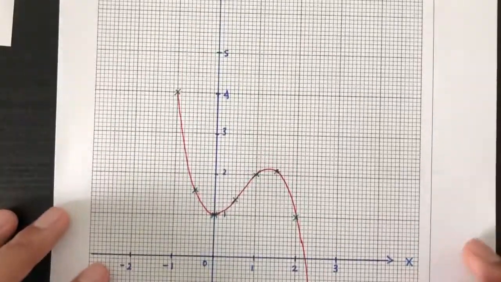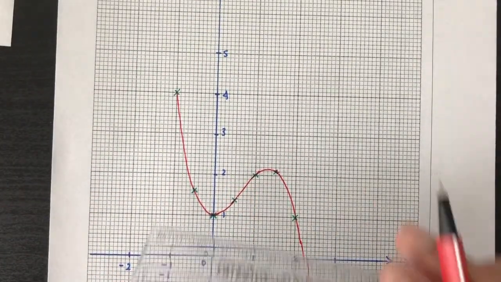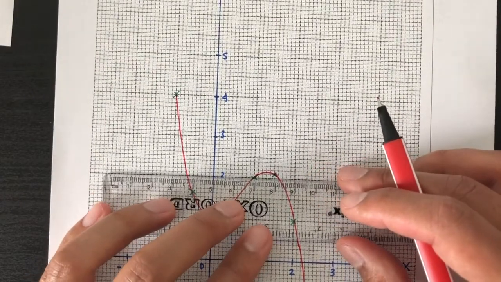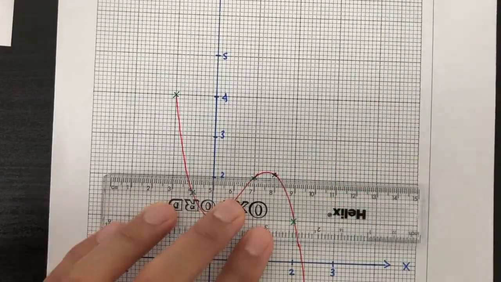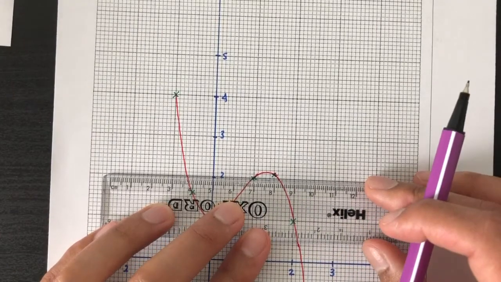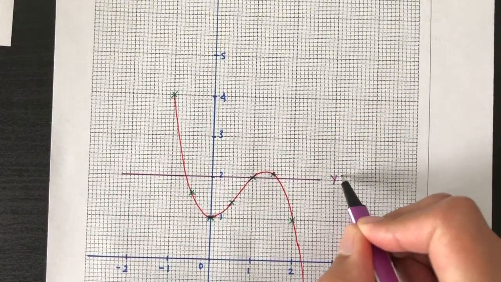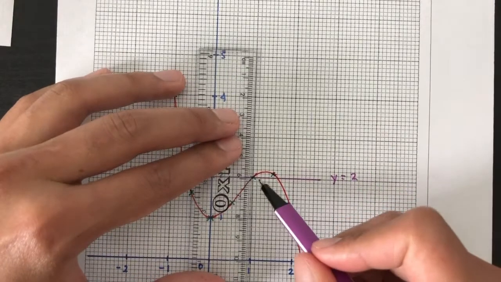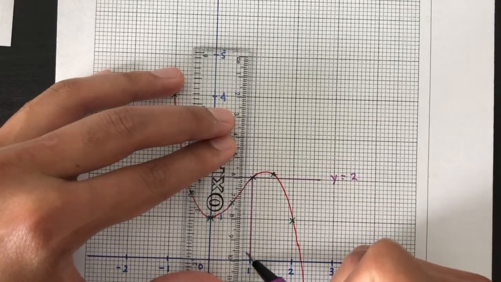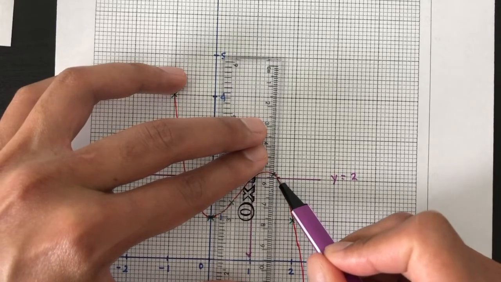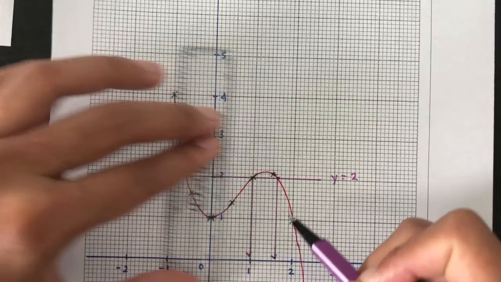So where is the line y equal to 2? It is right here. If you draw a horizontal line, you will find all the answers for that equation. So this is y equal to 2. So all the answers will be right here. The first value is this one, and this is the other value. Then we have this one.